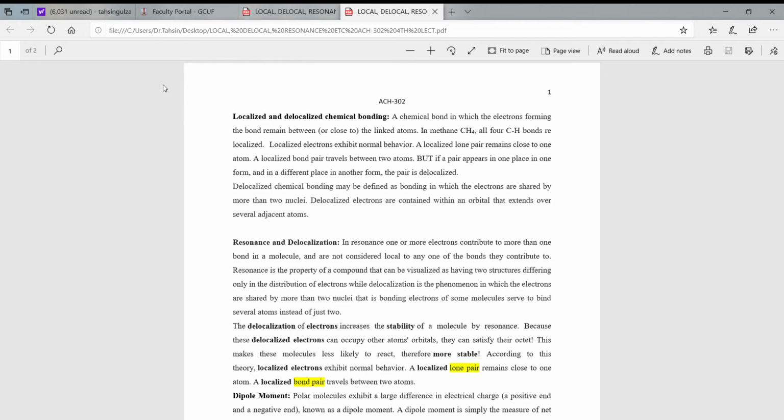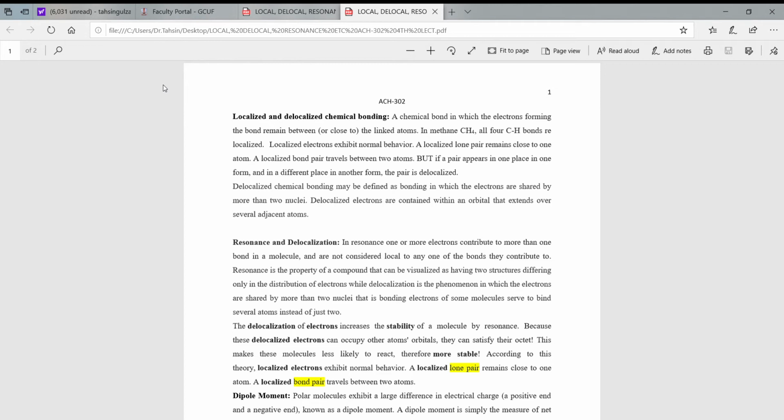But in methyl chloride, there are 3 hydrogens, 3 bond pairs, and another bond pair between carbon and chloro. Due to the electronegativity of chloro group, most of the time in the bond pair between carbon and chloro, carbon is partially positive and chloro is partially negative.